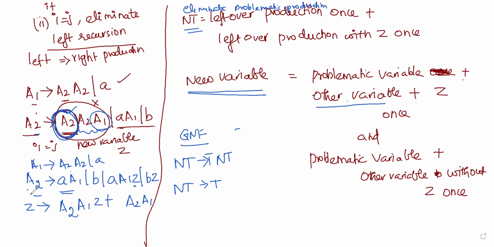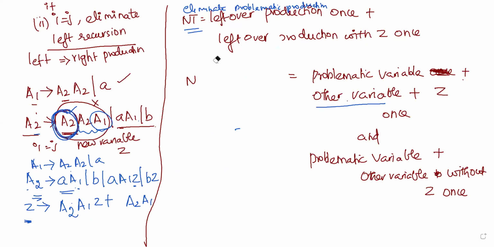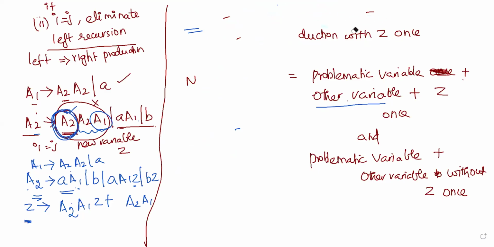So here you can say that A2 is not less than A1, but it is following the property of terminal, non-terminal. So you leave it. Since here there is no such formation, you leave this also. So this is your updated production. This will be quite confusing, but if you solve 2 to 3 problems, you'll understand it very clearly. But this is the format you have to solve.